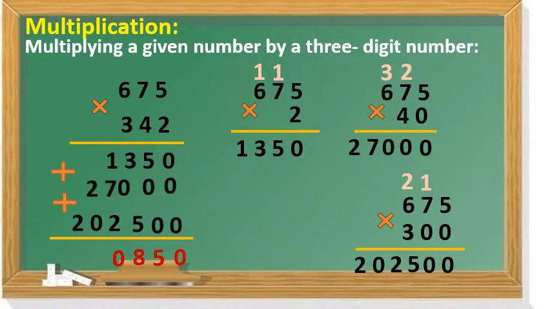So 1 carried over. 2 plus 1 is 3 and here 2. Okay, this is the answer. Got this, children? You know, for 2 digits, the same procedure we have to follow for 3 digits also. Then we will get the proper answer. Okay, here tables knowledge is a must for this multiplication.